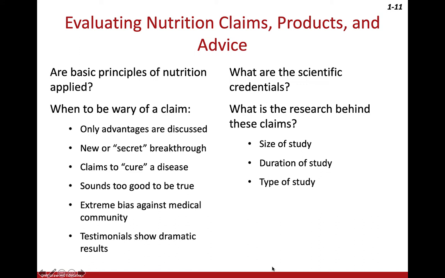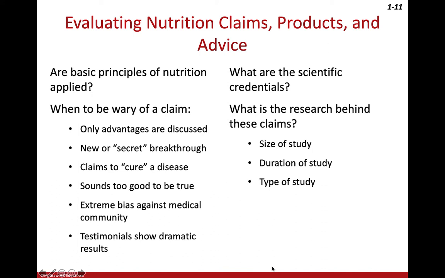Now, one of the things that's really important is understanding and developing skills to identify what might be questionable work, a questionable article, or questionable research. So these are some things to be on the lookout for. They only talk about advantages. They use the term new or secret, a claim that says that this particular regimen will cure a disease.